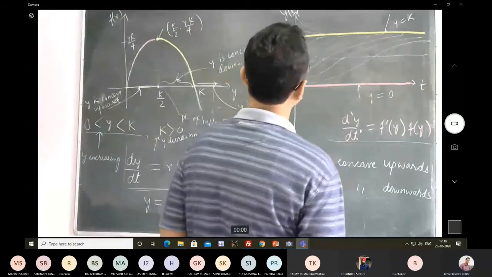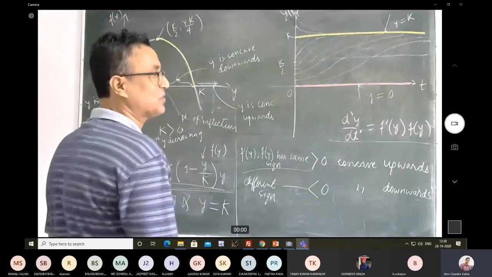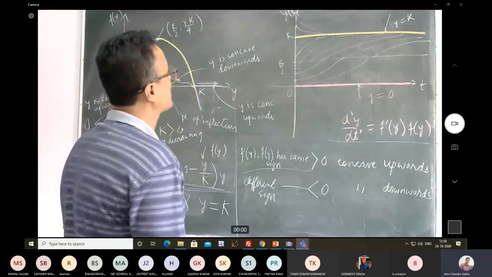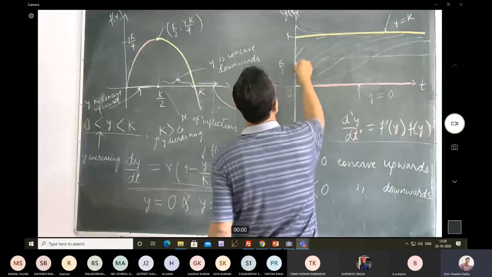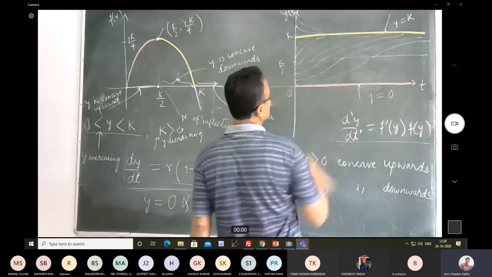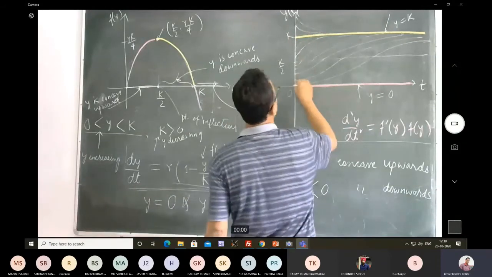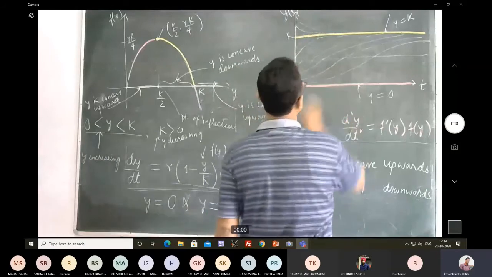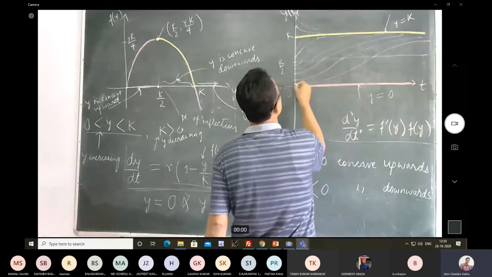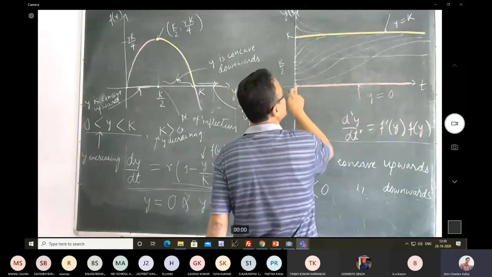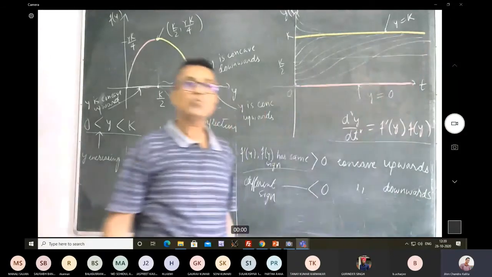So this is giving you some idea about how the solution is going to be. You can see that wherever you start, because say it is a population, it is always possible that I'm not going to go below this 0 line; I'm always going to be above this. Even when you start with some initial condition very near to y equal to 0, it is still going towards the line y equal to k.